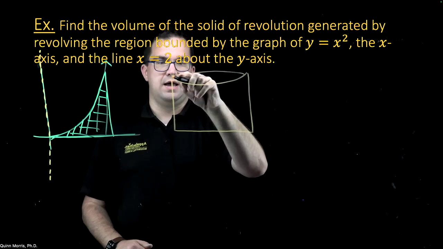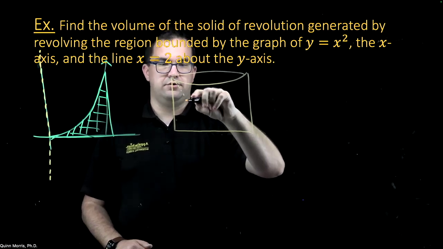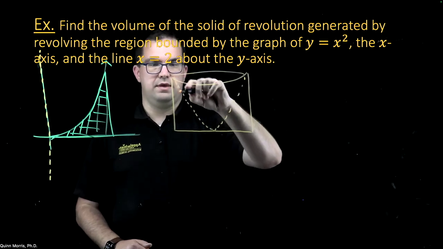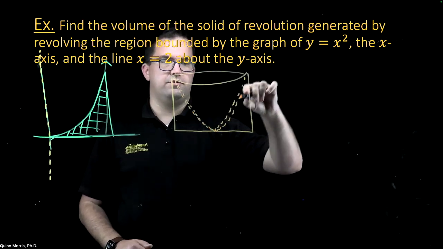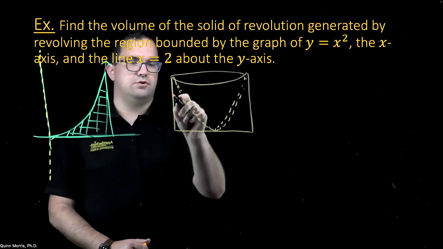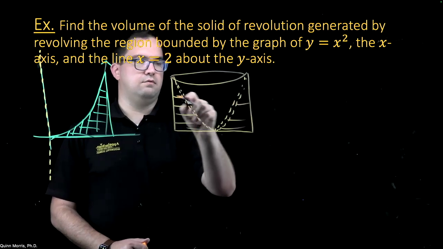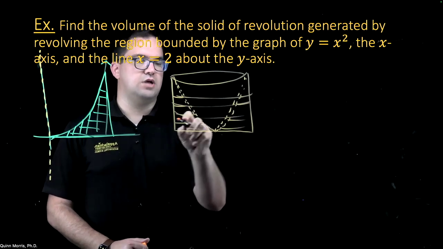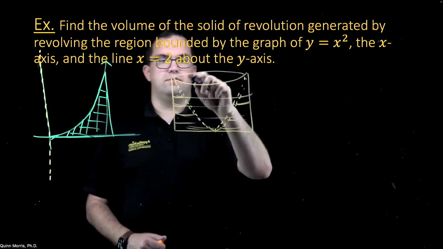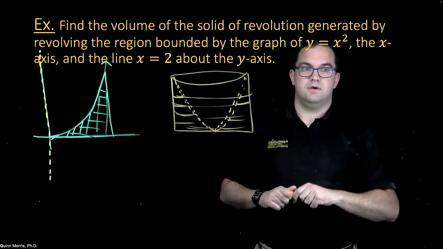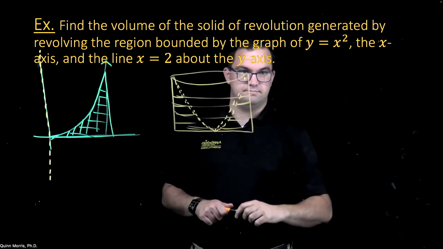But then if you look inside, you're going to see this sort of carved out bit. And again, that is curved. They're not flat. On the outside, the walls are solid, but on the inside, you have these sort of curved walls. You get this sort of bowl shape for this solid of revolution.